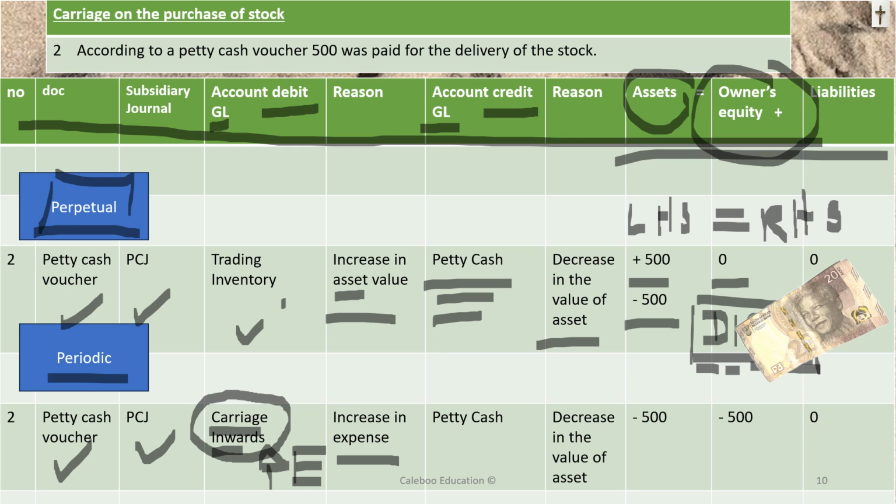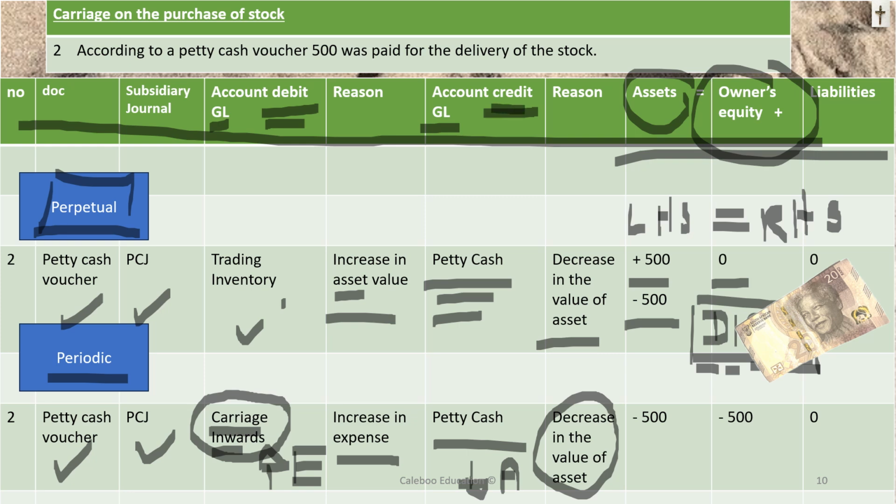An increase in expense results in an account being debited. Petty cash was credited, the same as the perpetual inventory system. The value of the petty cash asset decreased. The rule says a decrease in assets, the account must get credited.